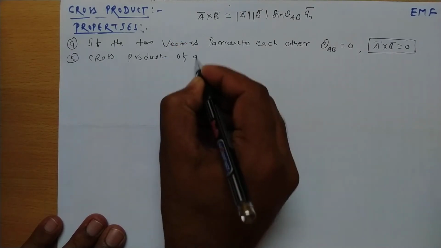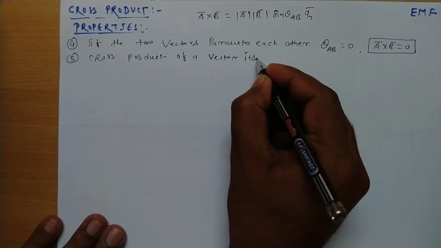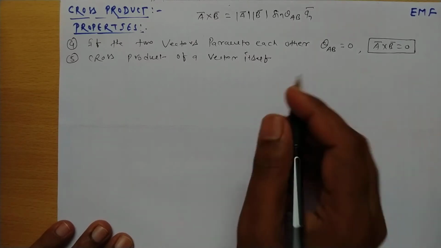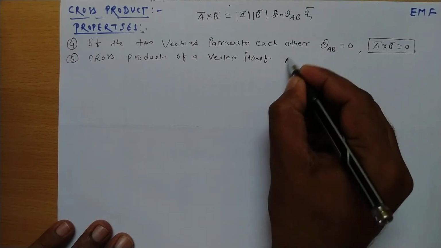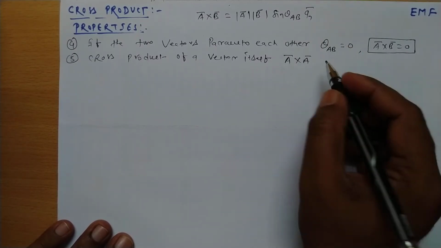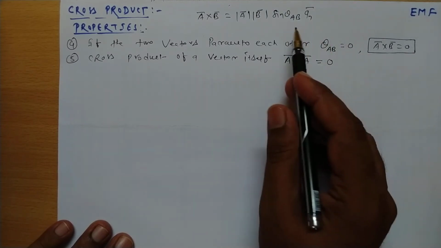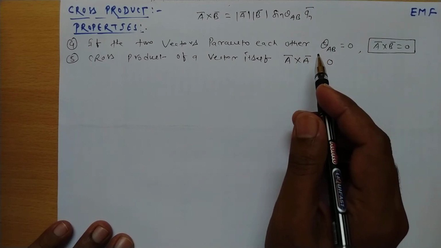If I take the vector A, then I can say A cross A. A cross A will again give what? This will give 0, because the angle theta AB is 0. So A cross A will be equal to 0.